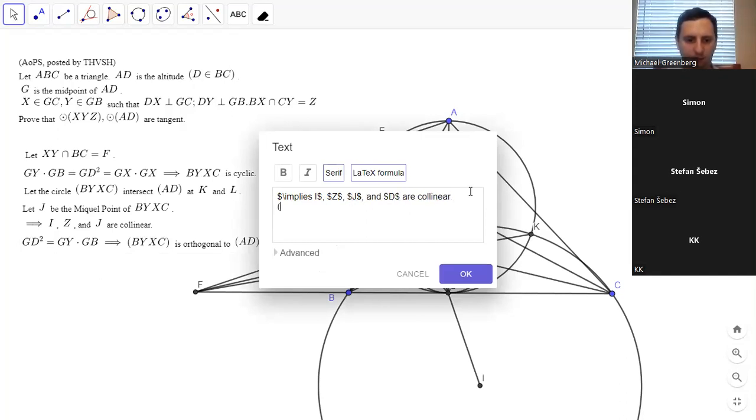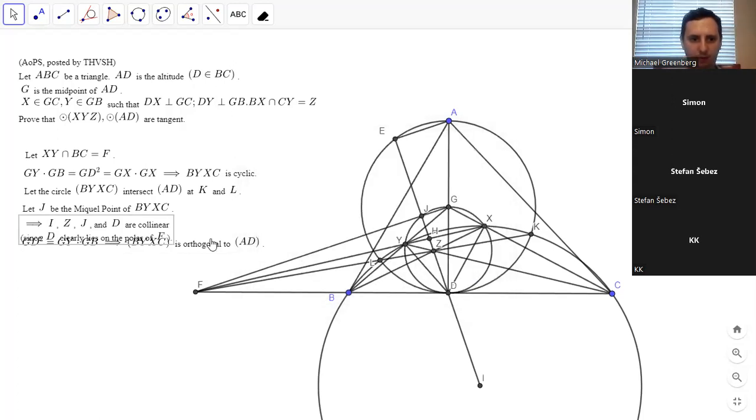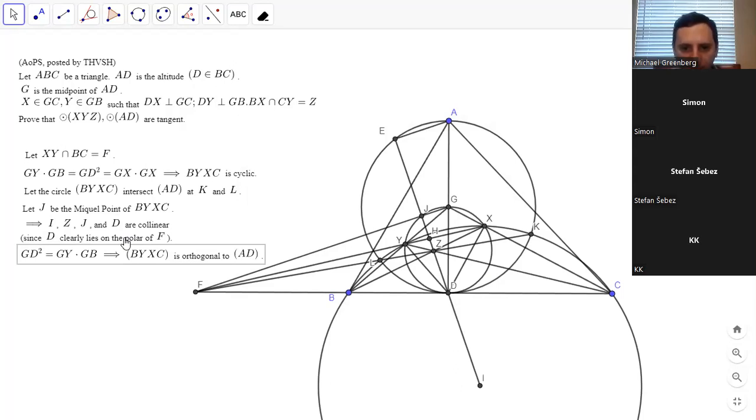I'll say since D clearly lies on the polar of F. I think you should be careful about which circle you're talking about when you say polar. Okay. I agree. If those four points are collinear, that is the key part of the problem. Okay.